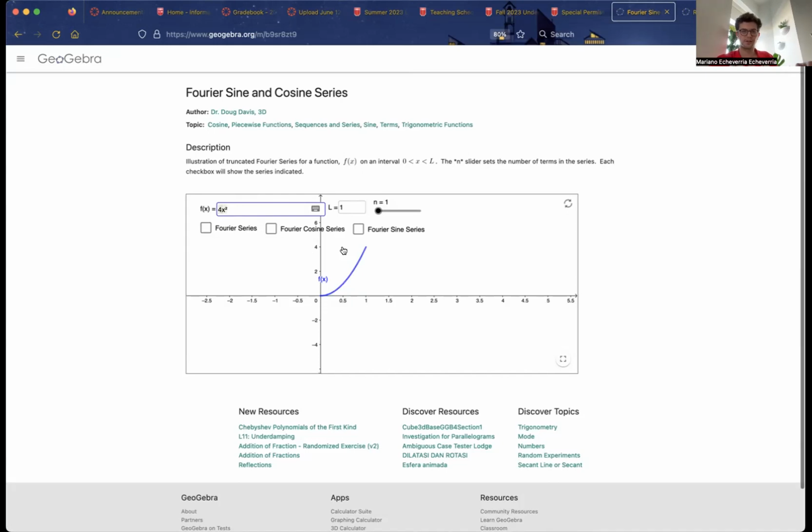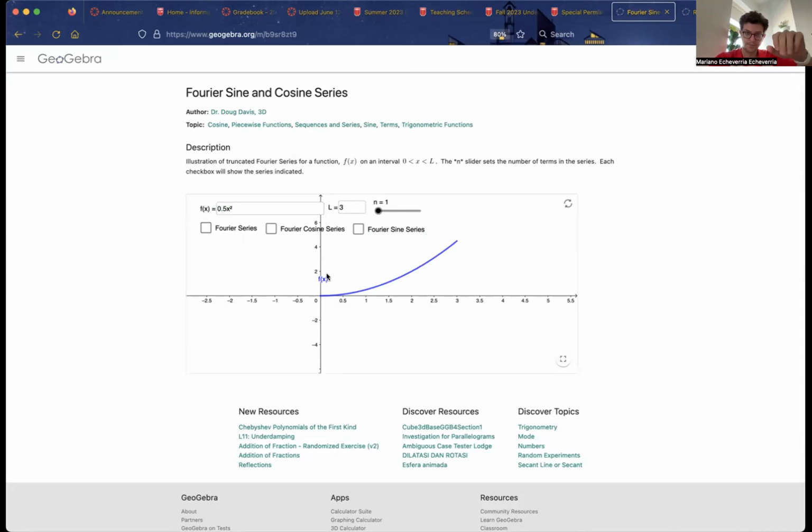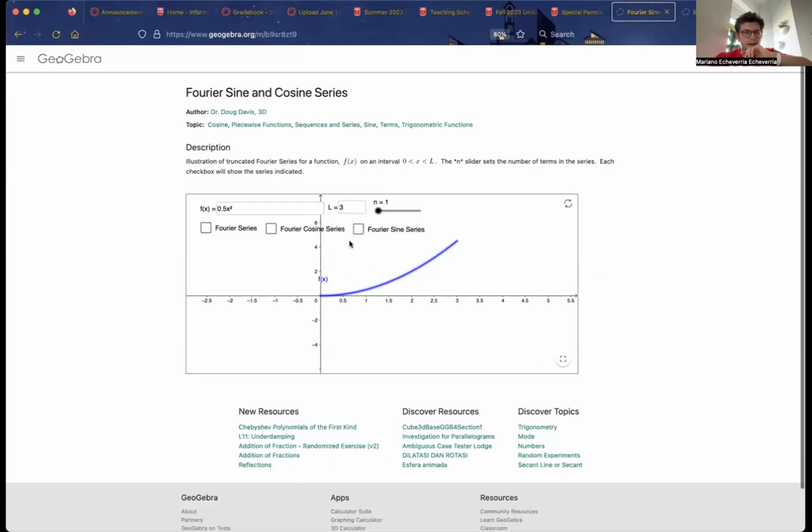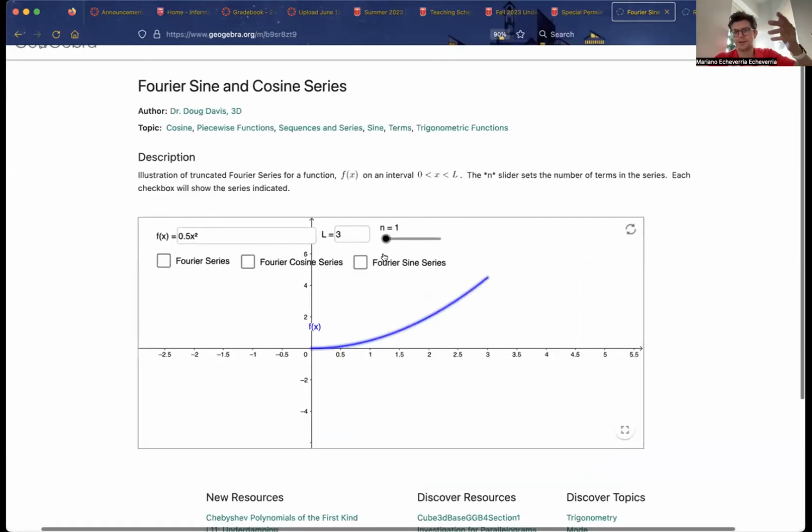Let's take x squared over 2, and imagine that I want to study this function from 0 to 3. This function, x squared, has nothing to do with trigonometric functions, right?